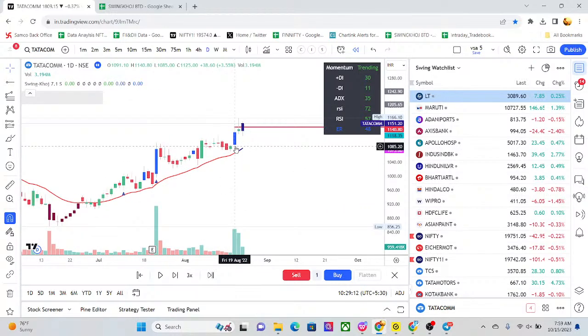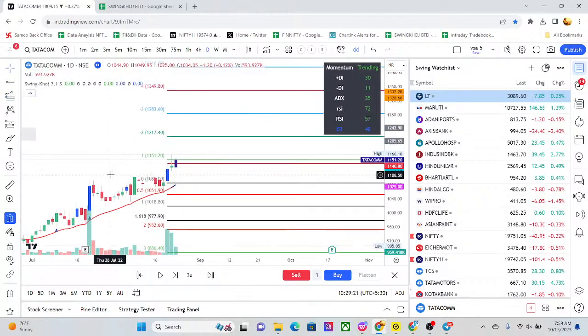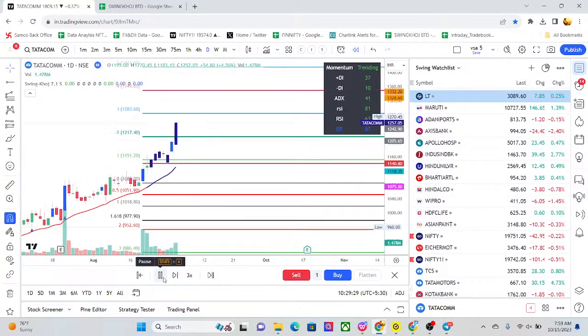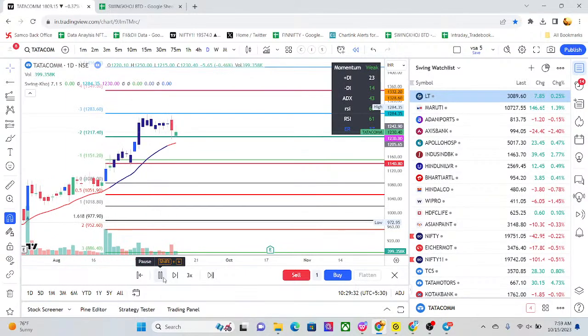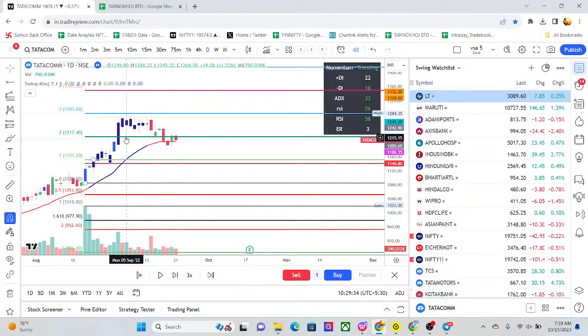So stop loss will be this low. 1:2 is this. This is stop loss. Let's play this. Okay, target is done. So 1:2 target is done here easily. Are you clear about the strategy? If blue bar is in an uptrend, the stop loss will be the low of the blue bar.